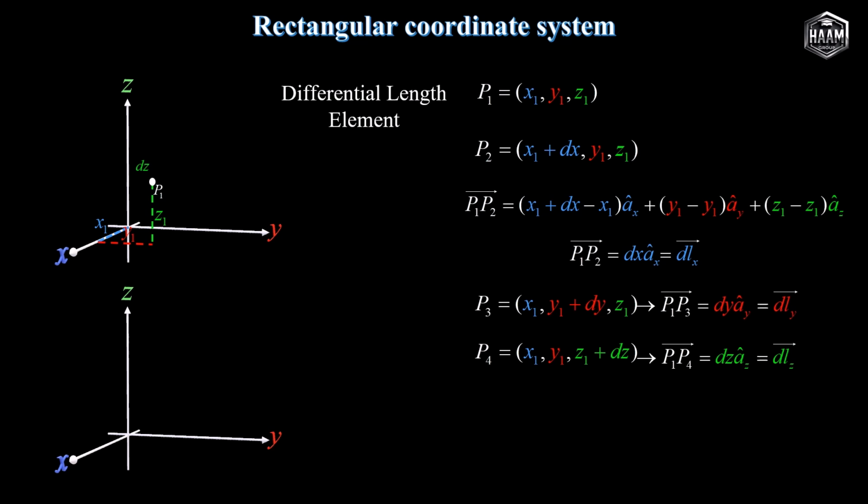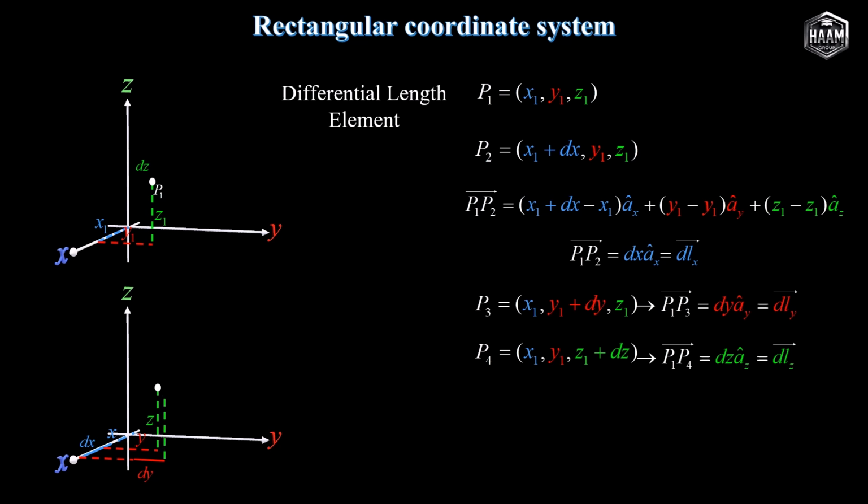Now, in the general case, suppose we have a point with coordinates x, y, and z, and another point where the x coordinate changes near the original point, the y coordinate changes by dy, and the z coordinate changes by dz.